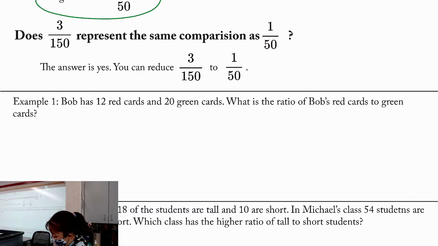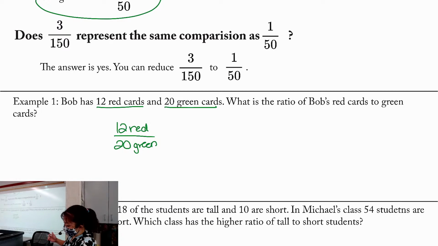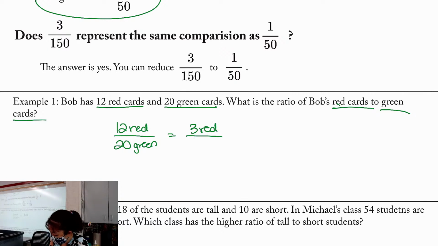Meaning, if I had 12 red cards and 20 green cards, I'd have 12 red over 20 green. And then that's the ratio of red cards to green cards. It's just a fraction. I do want you guys to reduce the fractions. So they're both divisible by 4. So that means 3 red cards for 5 green cards.